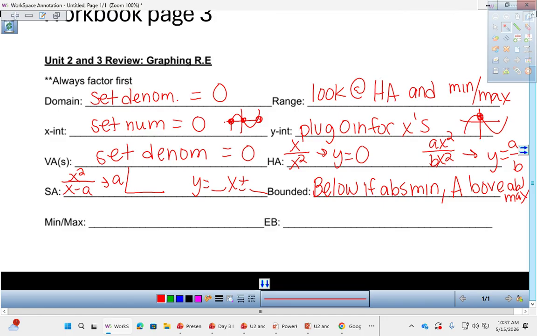Where can I fit one? That one's bounded above. Or sorry, that one's bounded below. And that one's bounded above. Because it's got a lowest point versus a highest point. There might be more than one curve, so just a general picture there.